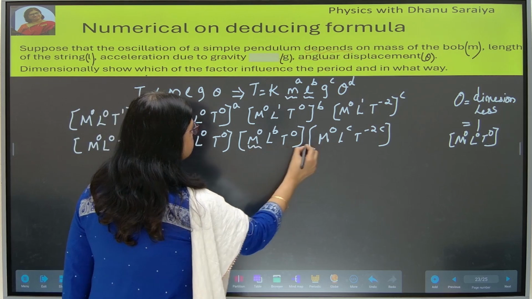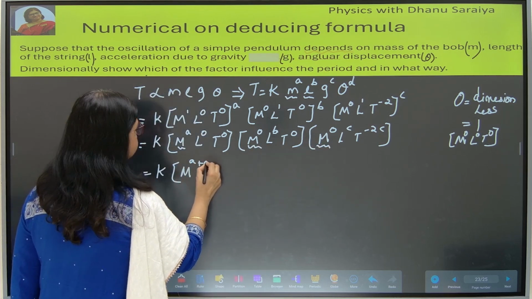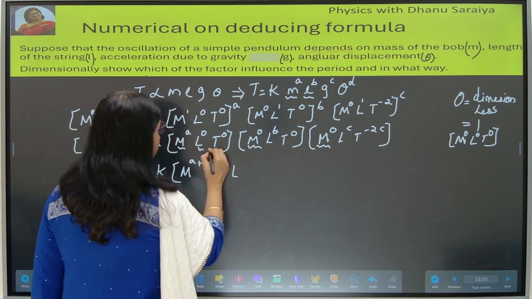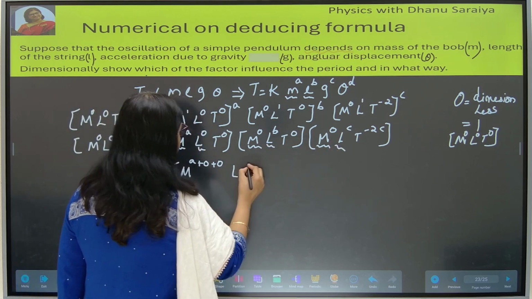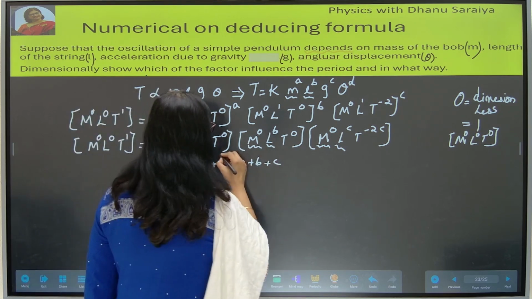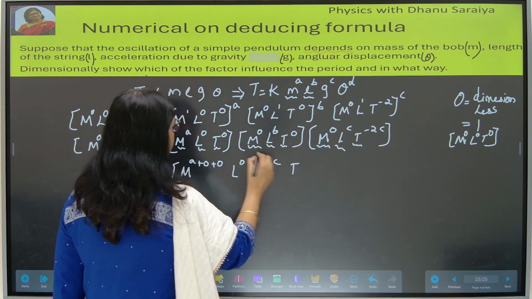M is the base, so I add their powers. I am also seeing and doing it. Okay, L, add their power.